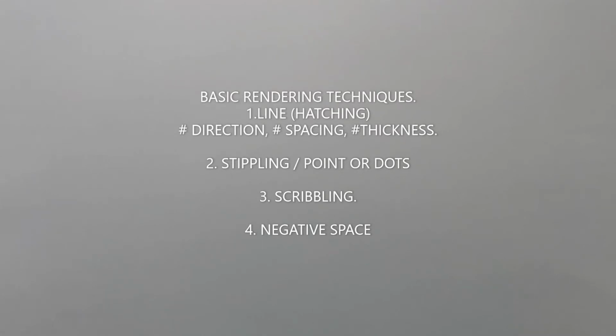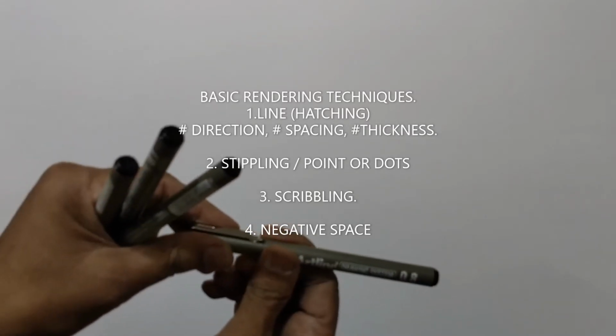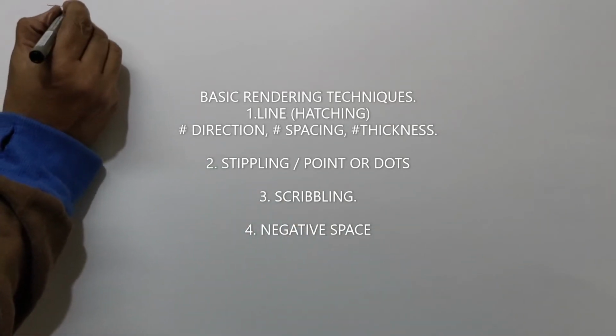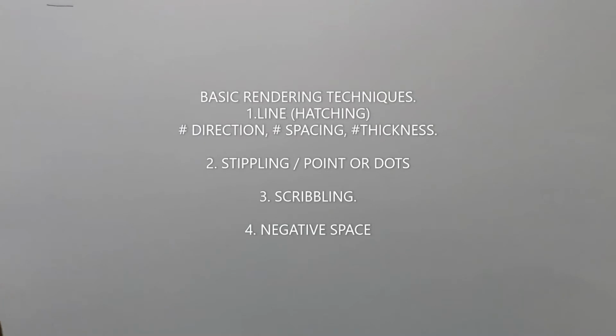Why do we need so many thicknesses? Since I said it is for hierarchy, 0.8 is thicker, and 0.2 and others are thinner. If you notice, if I draw a line with this, it's a thick line, 0.8.